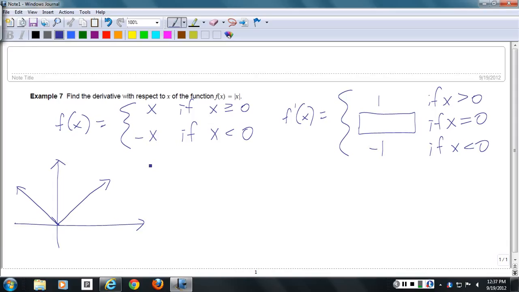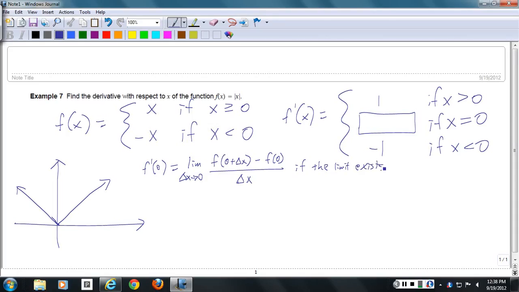If it exists, f prime of 0 would be the limit as delta x approaches 0 of f of 0 plus delta x minus f of 0 all over delta x. That's the definition of derivative, if the limit exists.